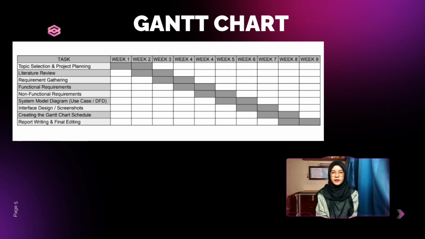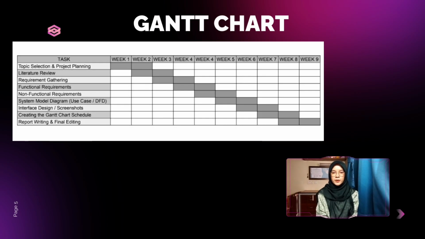Next, non-functional requirements were developed during week 5, focusing on system performance, security, and usability. In week 6, we designed the system model diagram, including the use case diagram, and then the interface design and screenshots were completed between week 7 and week 8.